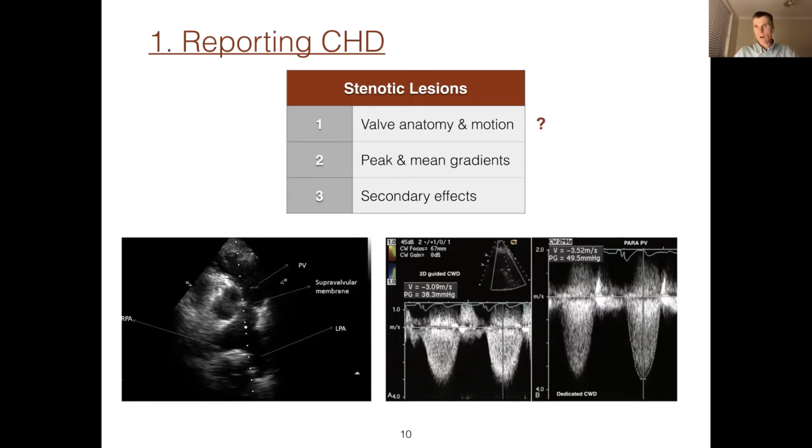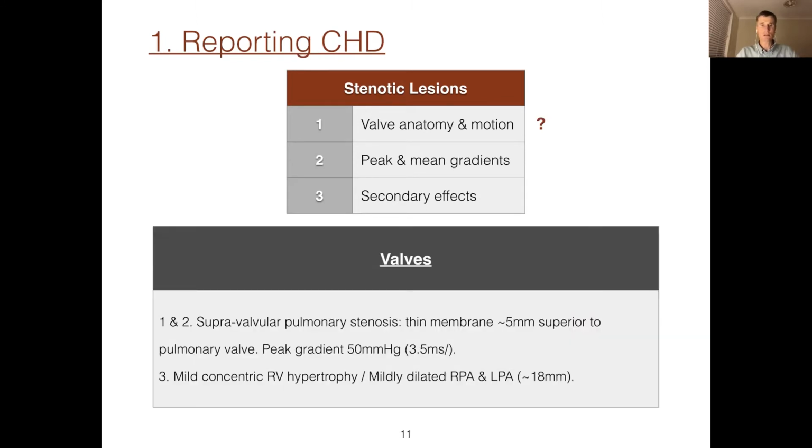So obviously we want to provide a report that indicates that the lesion is not related directly to the valve itself or to the valve's motion, and therefore we want to be very clear about that. But still, we want to provide some indication of how significant that is. So we talk about the gradients and the secondary effects.